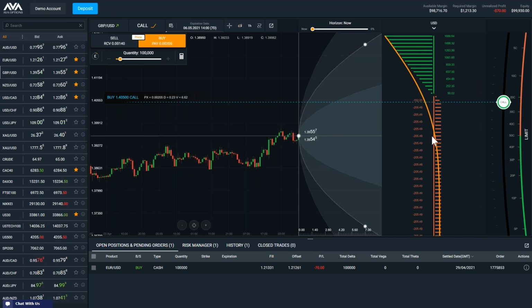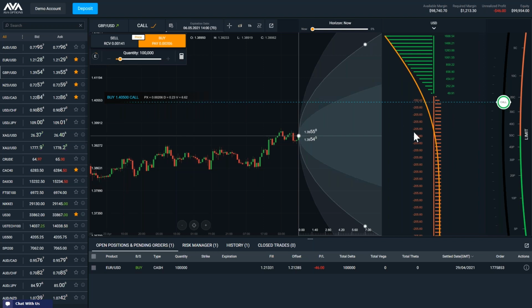Today, right here at the spot line at 139.50, the delta of the option is about 23%. That means that if spot moves higher by 10 pips, the option value is going to go up by about 2.5 pips. And as the market continues to go higher, you see the convexity of this orange line. As the market continues to go higher, the delta is going to get higher, again approaching 1.